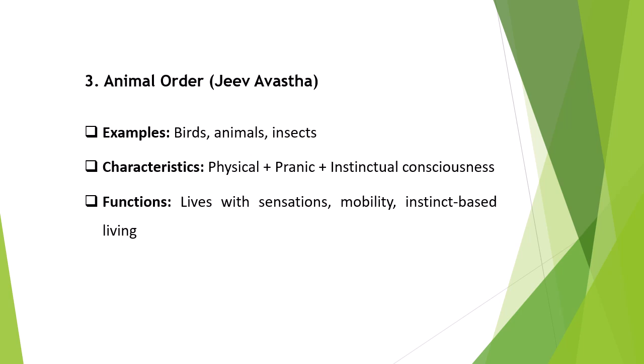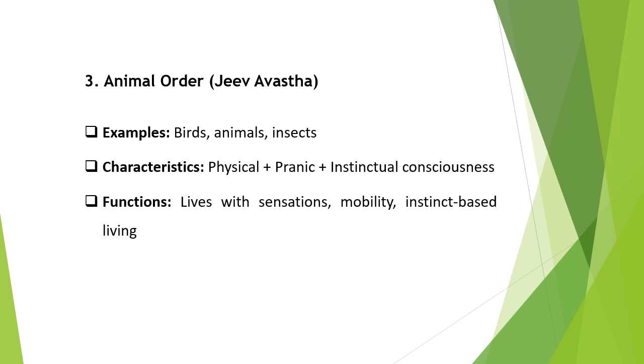Third, animal order. Animal order refers to all living beings that have a physical body, life, and basic consciousness in the form of sensations but lack the ability to understand or live by values consistently.